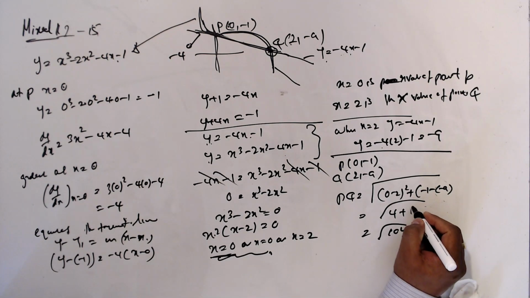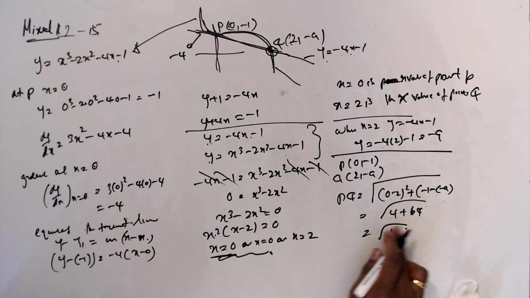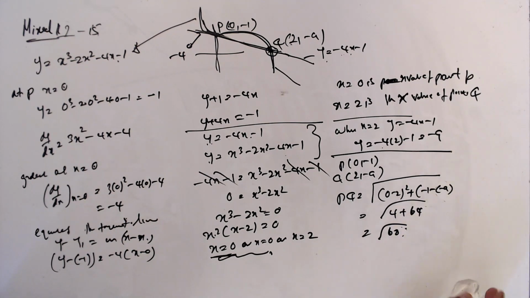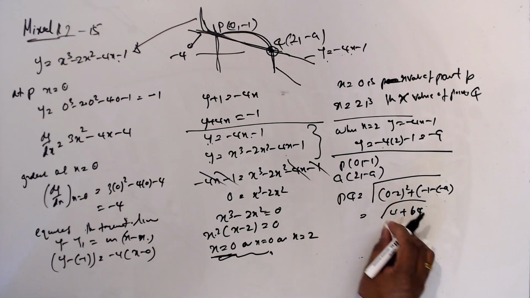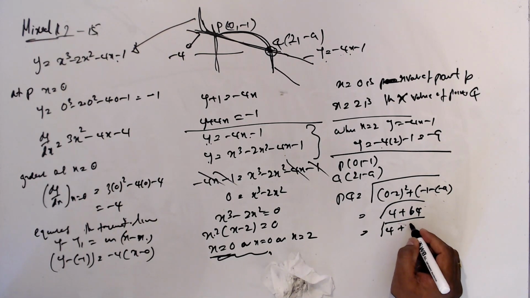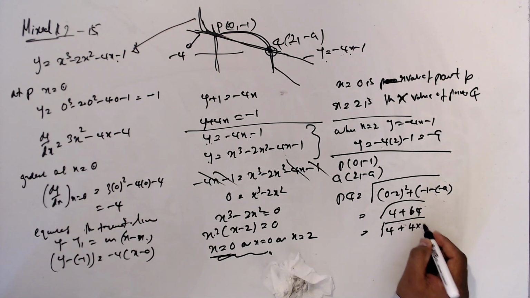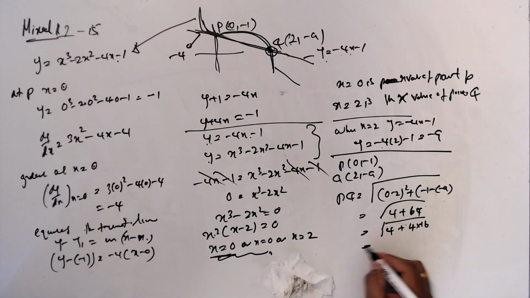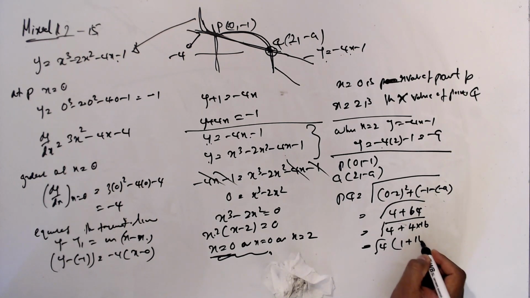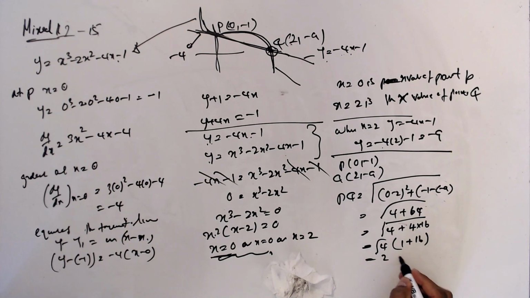So 8 squared is 64. So then this is 68 actually. I can see this is 4 times 17, so when I take the square root, 4 out, this is 2 square root 17.